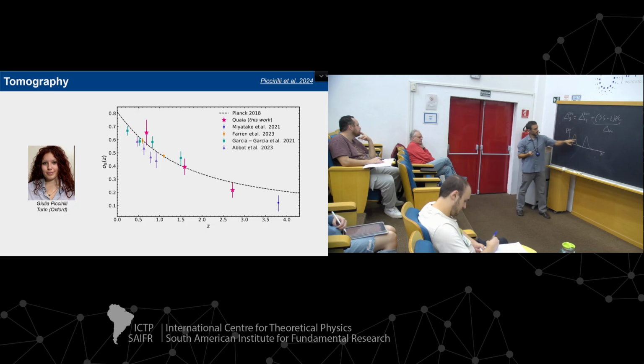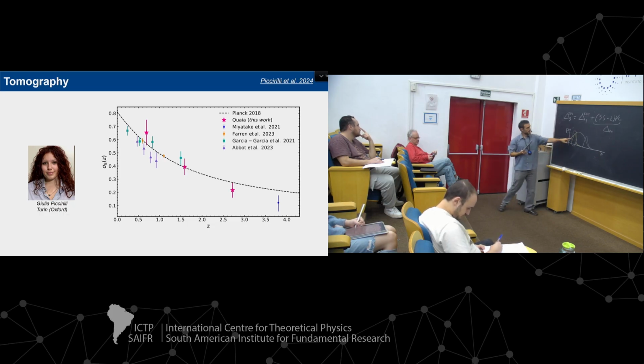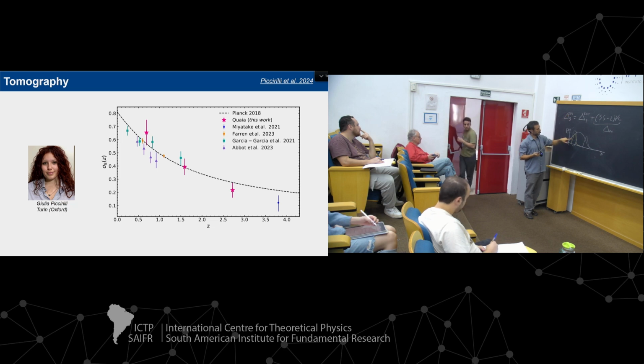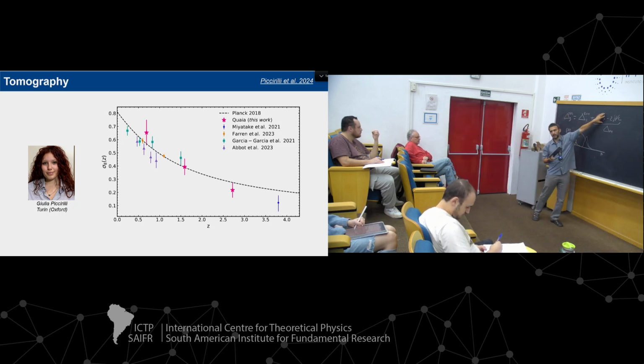So if there's no magnification, there should be 0 signal. But with magnification, you should pick up some signal, because remember, the kernel associated with kappa is a broad kernel that looks like that. And so it overlaps with the lower redshift galaxies, right? So the cross-correlation between this and this will pick up a cross-correlation between the intrinsic clustering of these galaxies and the kappa part, right?